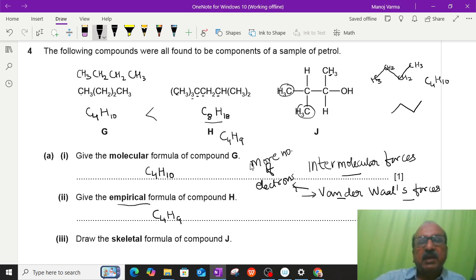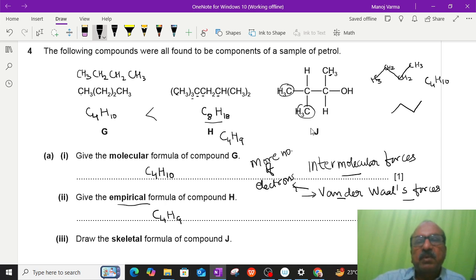So as the number of electrons increases, the intermolecular forces increase, and therefore more energy is required to break the bonds, and the boiling point increases. So the boiling point of H is greater than the boiling point of G.